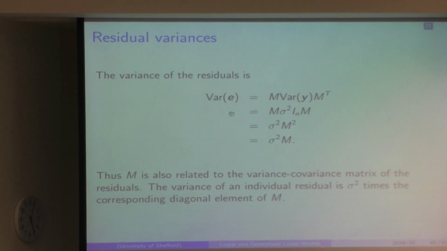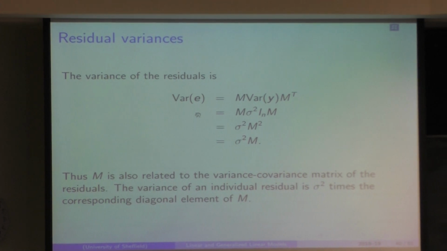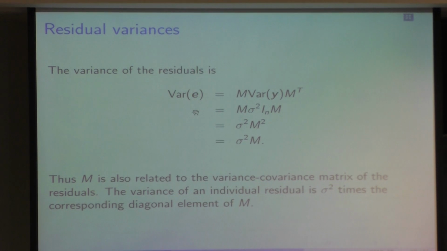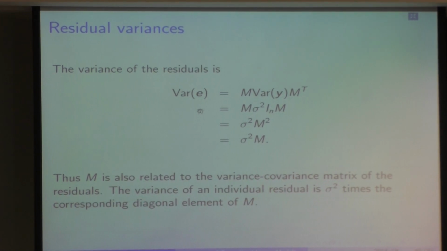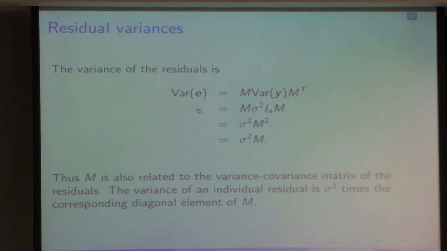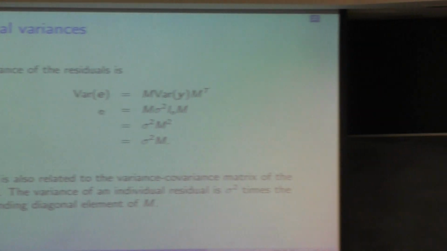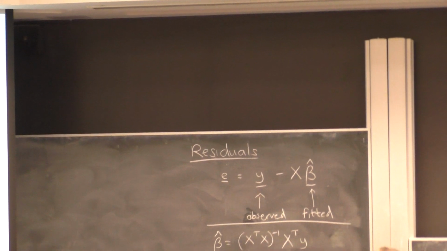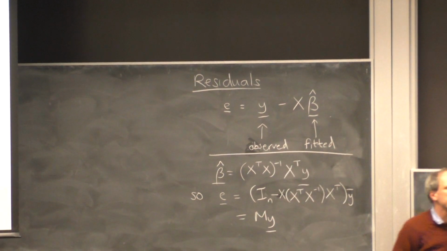So, because we've got y here and x beta hat here, and beta hat can be expressed in terms of y, that means we can actually write e in a different way, which is a matrix times y. And that matrix has the n-dimensional identity matrix here, so identity times y will give us y.